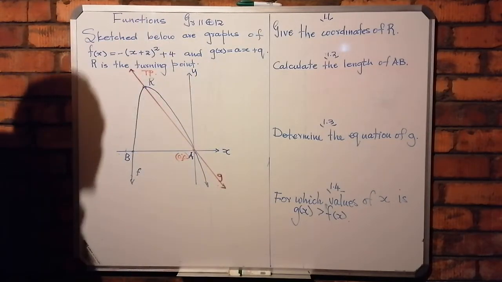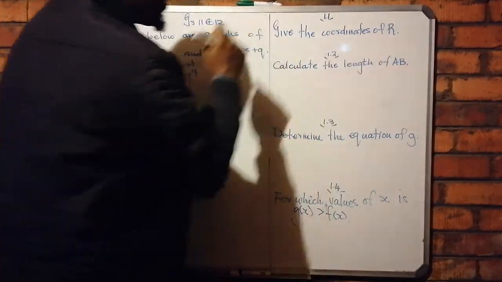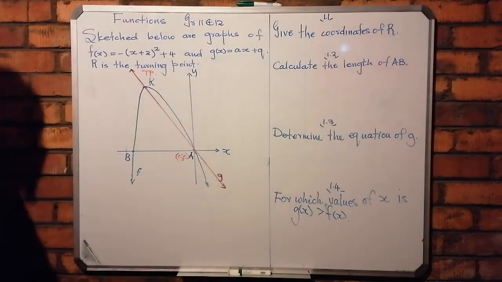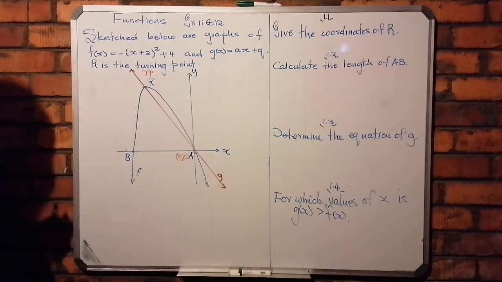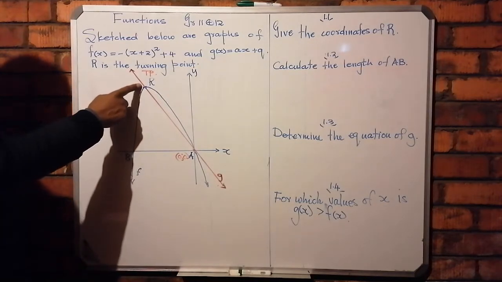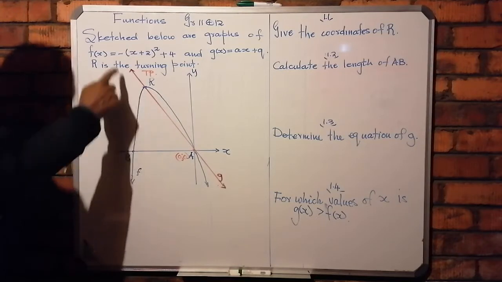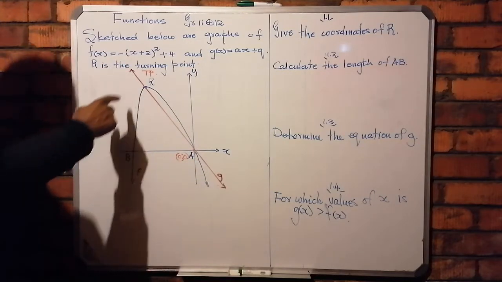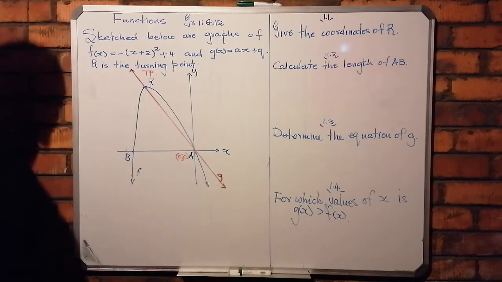What is the first question? It says give the coordinates of R. Friends, just give the coordinates of R as easy as that. R is your turning point. If you look at R, it lies on both the straight line and the parabola.